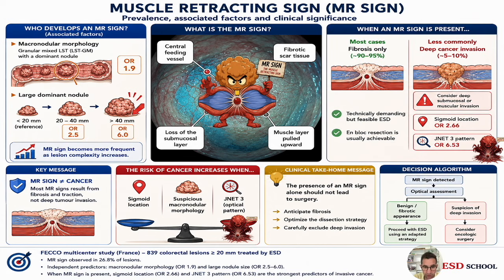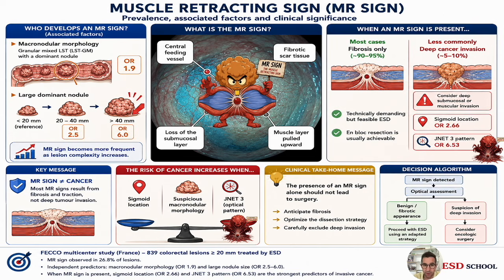The predictors were a macronodular morphology, with an odds ratio of 6 if the lesion has a large nodule of more than 40 millimeters. So the muscle retracting sign becomes more frequent when the nodule is larger and also when the lesion becomes more difficult.